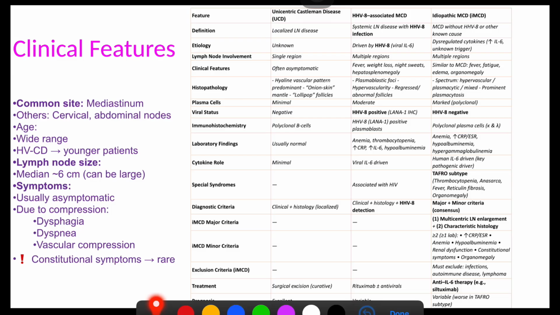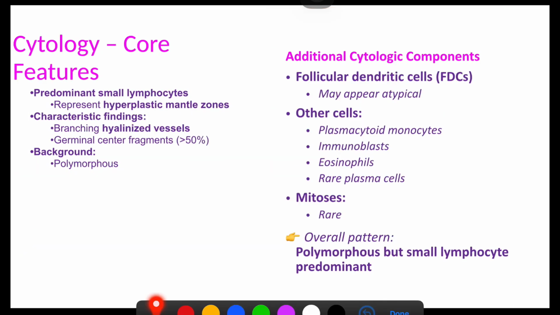Lymph nodes are large, up to 6 centimeters or more, and usually asymptomatic, and may cause symptoms due to compression like dysphagia, dyspnea or vascular compression. So, constitutional symptoms are rare. This disease classification has different features. So, you go through this for the Castleman disease.